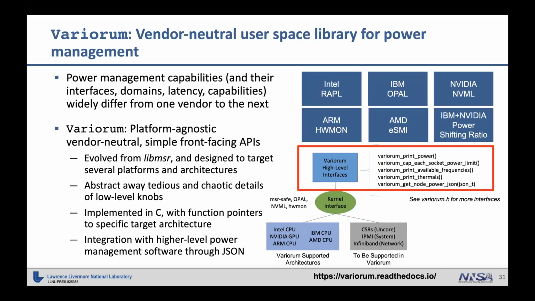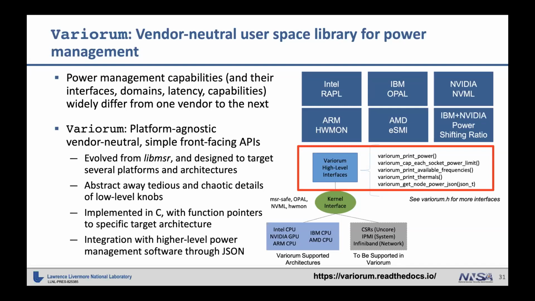This bottom right figure is showing the system architecture for Variorum. This box in red is highlighting where Variorum sits in the system architecture. We are giving a snapshot of some of the high-level interfaces that we're currently providing in Variorum. The idea is that, regardless of what architecture you're on, we will go through the interface that's particular to that architecture in order to return those values to you.